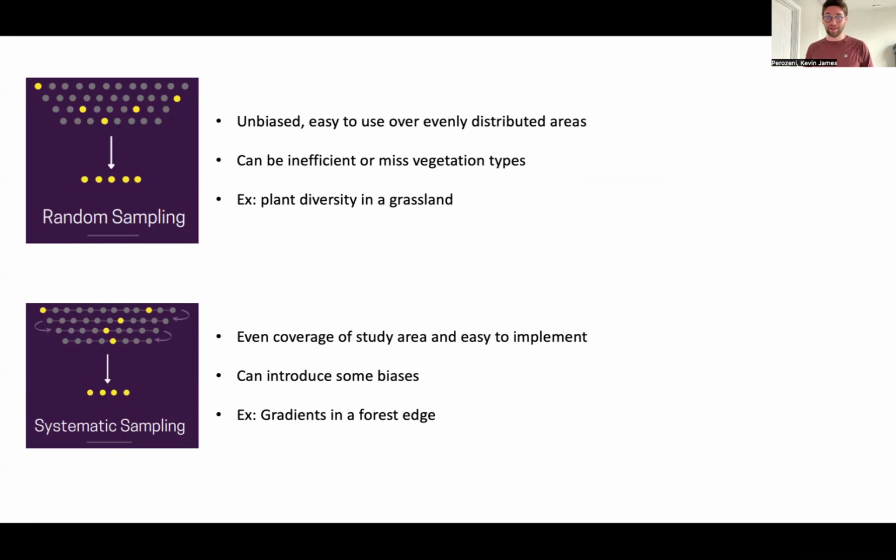And so that could be like gradients in a forest edge, or across types where maybe you want to see the gradient across somewhere. And so you want to take systematic samples along that gradient to collect data as we go from a forest to a grassland, or maybe from one soil type to the other soil type. And you want to see like interactions, something like that.